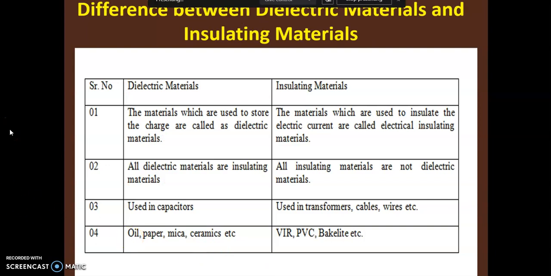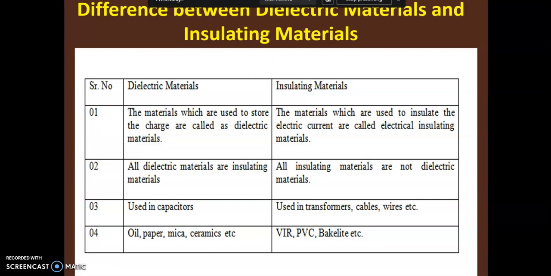Now you have heard the names conducting materials, insulating materials, magnetic materials, semiconducting materials. So you are aware that conducting materials will be used for conducting wires. Conducting materials are those materials which allow the flow of electric current very easily.